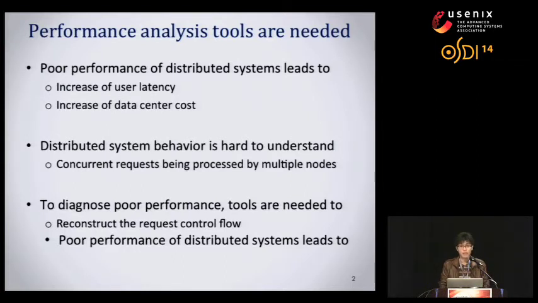However, distributed system behavior is complicated and hard to understand because they serve concurrent requests spread across different nodes. To diagnose these performance problems, developers need tools to help reconstruct the request control flow and understand the system behavior.